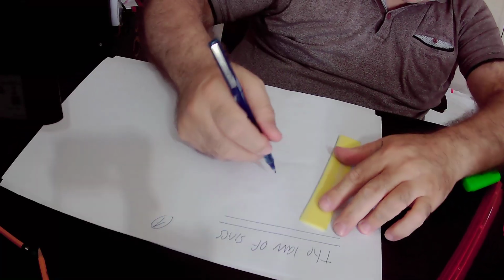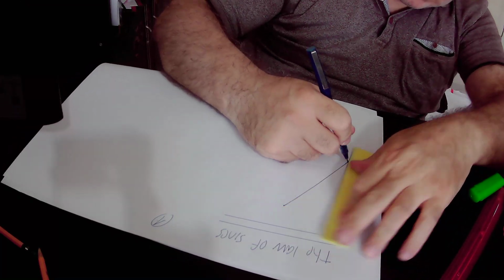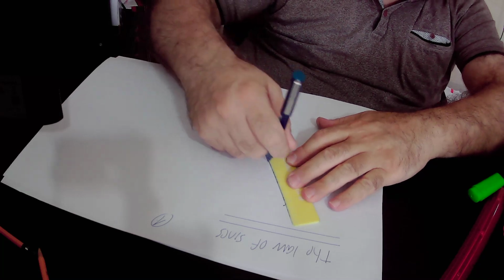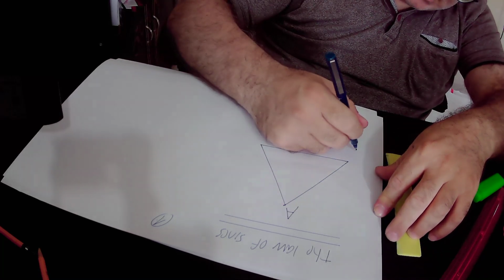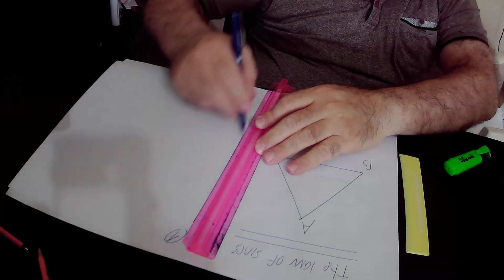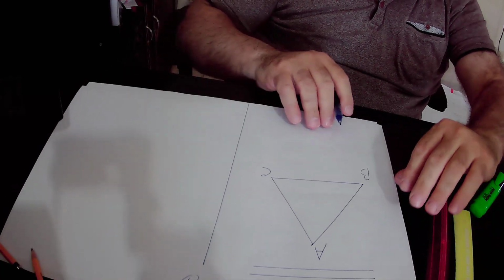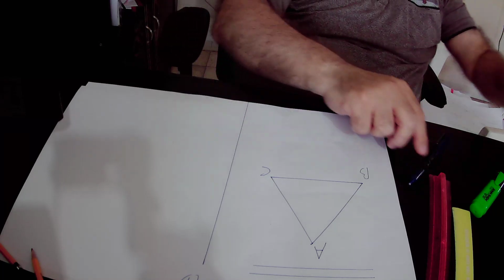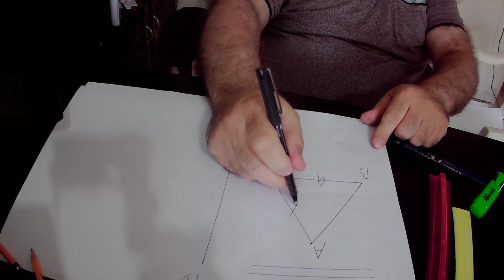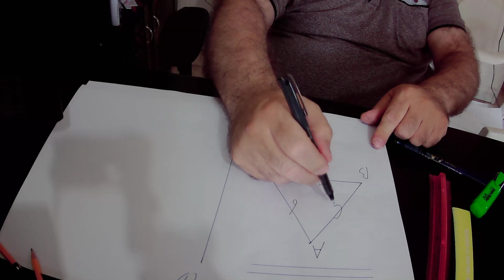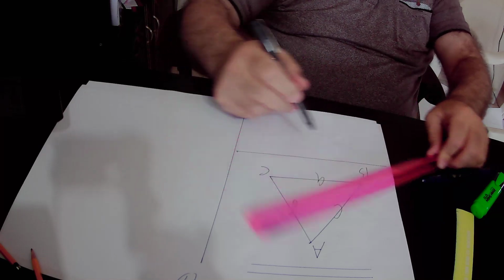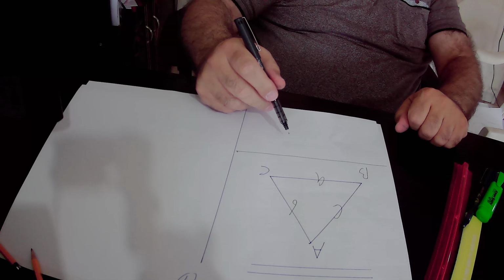Here, this triangle ABC could be any triangle. Side BC equals a units in its length, side AC equals b units in its length, and side AB equals c units in its length. Then, according to the law of sines, the following equation is true in this triangle ABC.